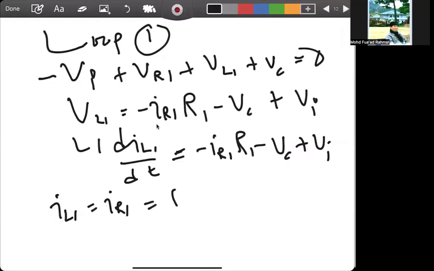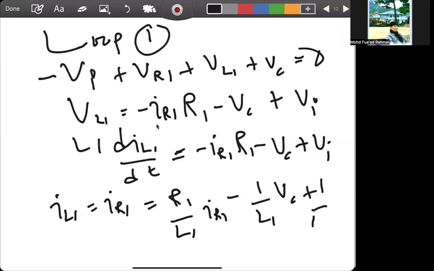So dIL1/dt is equal to minus R1 over L1 IR1 minus 1 over L1 VC plus 1 over L1 VI, okay.